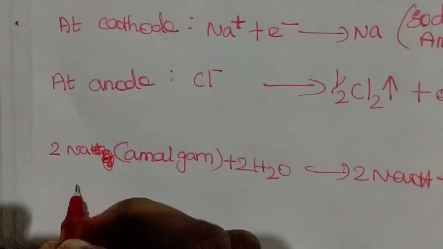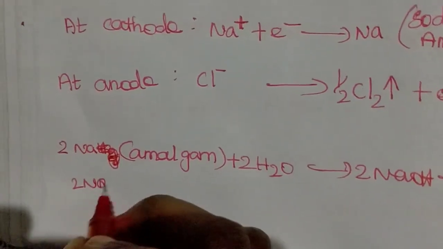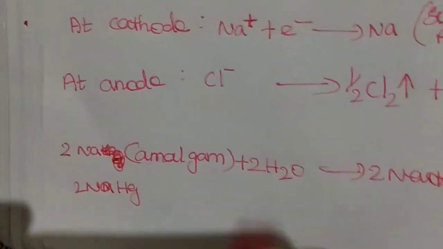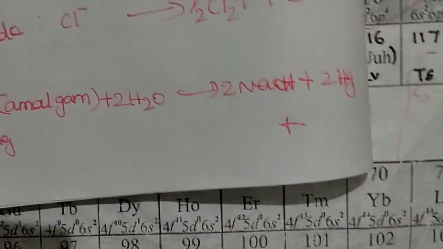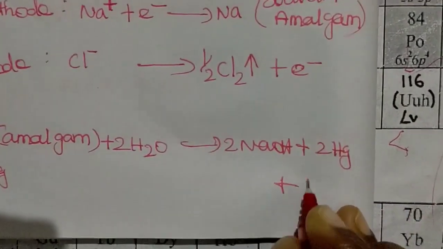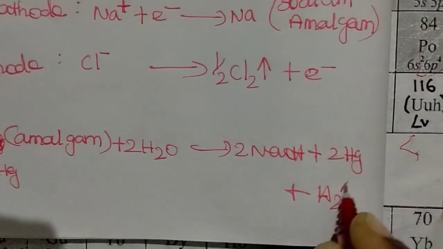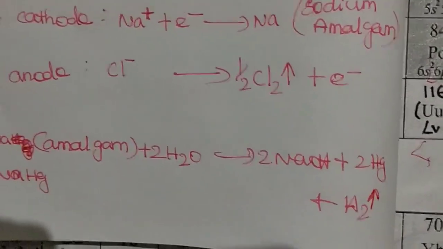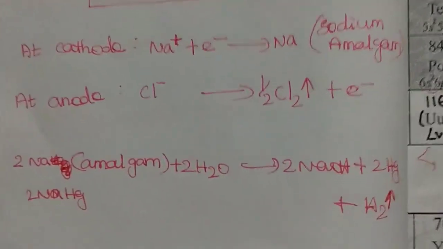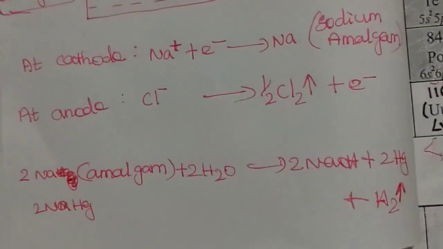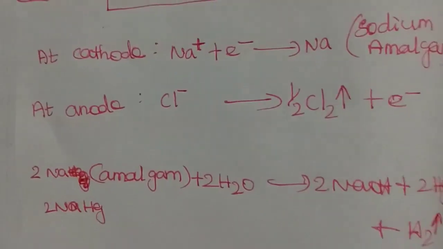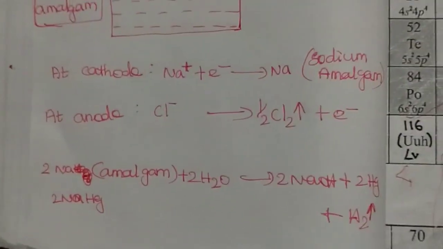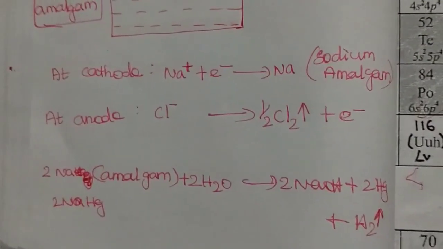Here 2Hg is released, and the remaining product, hydrogen gas, is evolved. This is the overall reaction for preparing sodium hydroxide from the electrolysis of brine solution, or Castner-Kellner cell electrolysis.